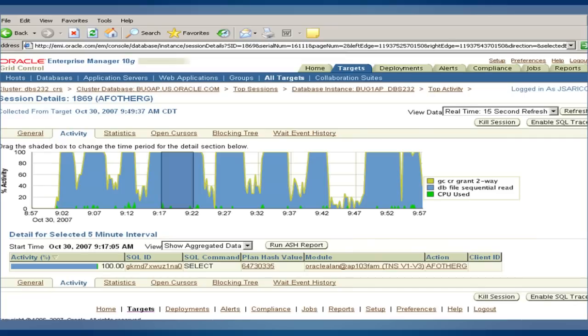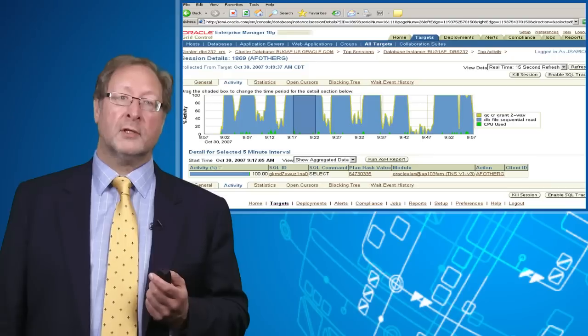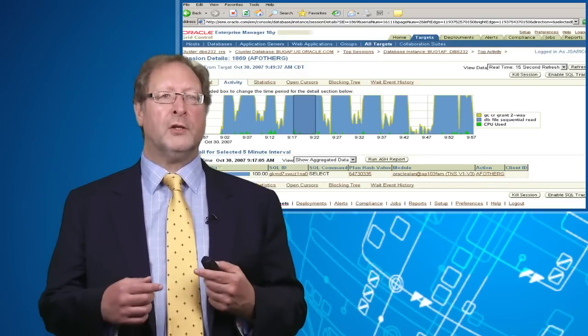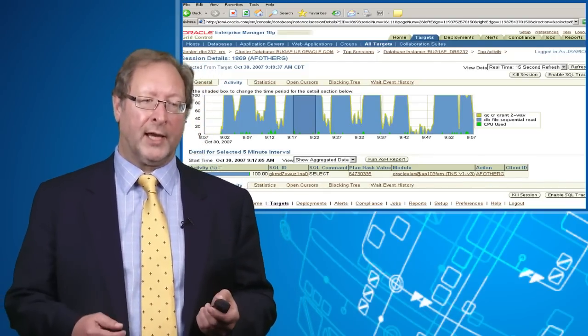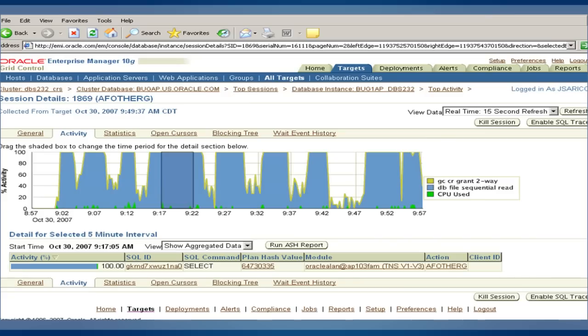So these are periods of time when the session is entirely within database calls. There's no communication between the user and the application tier. So we can see that this session was spending a large majority of its time in the database and taking several seconds, in fact in this case several minutes at a time in some of these database calls.